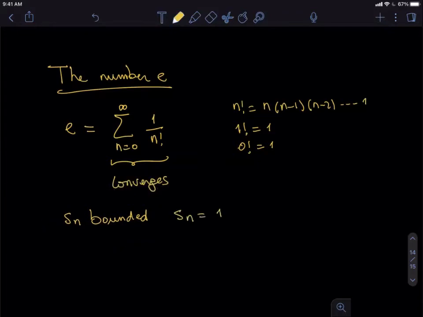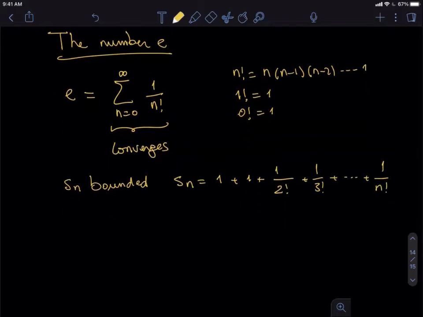Sn is 1 plus 1 plus 1 divided by 2 factorial, 1 divided by 3 factorial, and so on, up to 1 over n factorial. But then here, notice what happens. Here we have 1 times 2 times 3, all the way to n, okay?